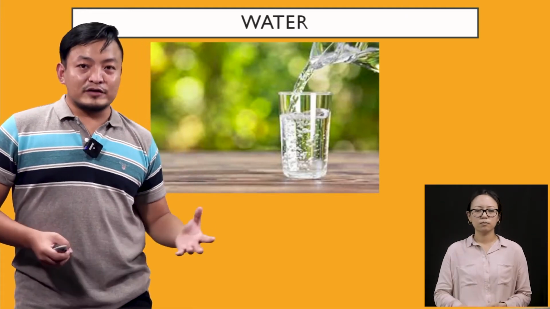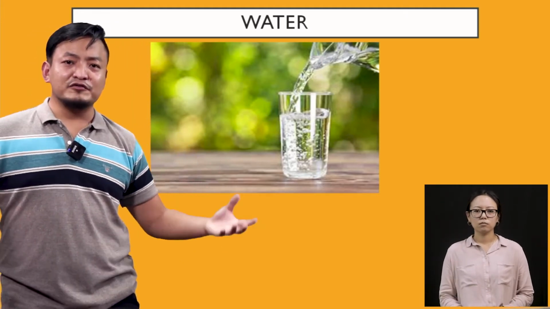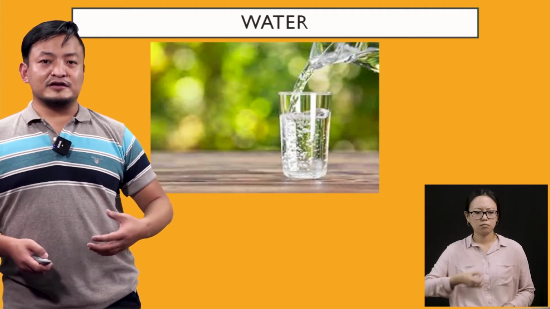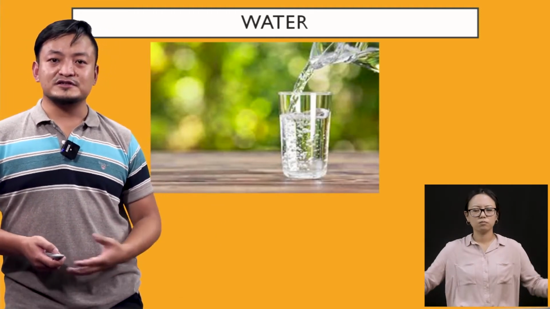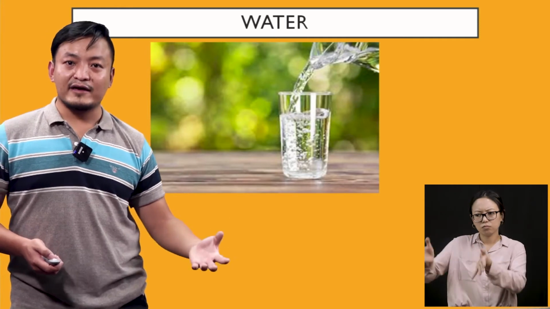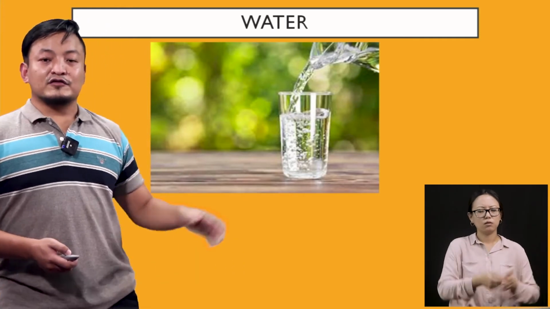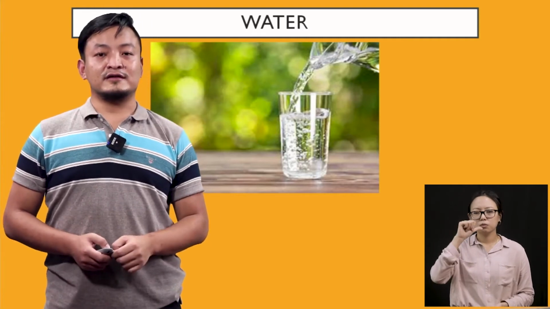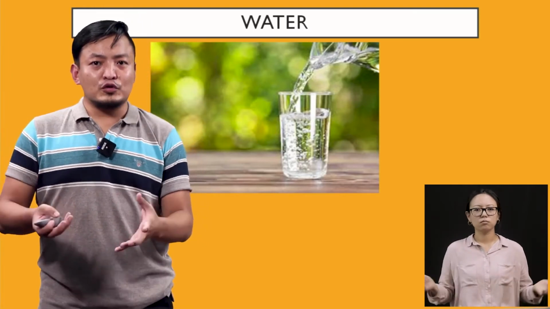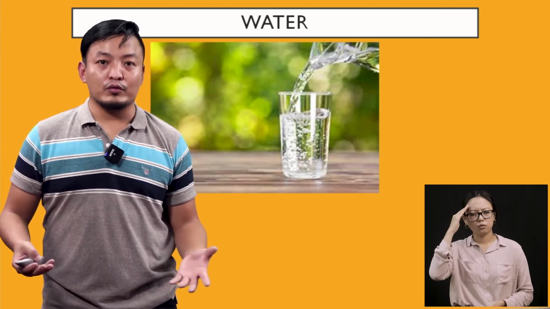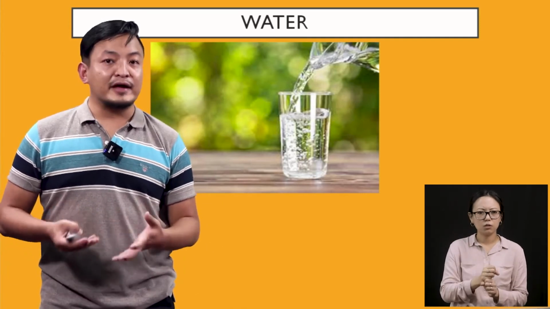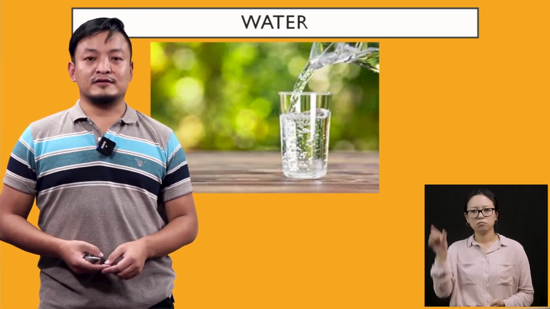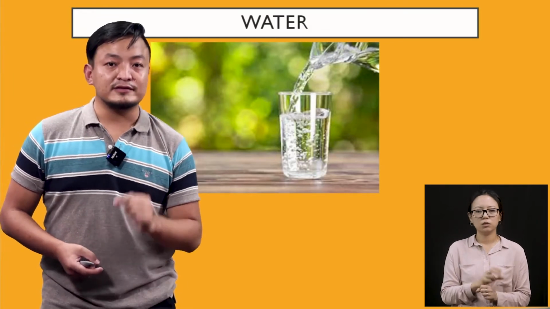Okay, so water we can find in river, we see in seas, ocean, ponds, lake, right? So this water is a natural thing. Okay, do you know how to make water? No. It's not a man-made thing. Okay, it's a natural thing.